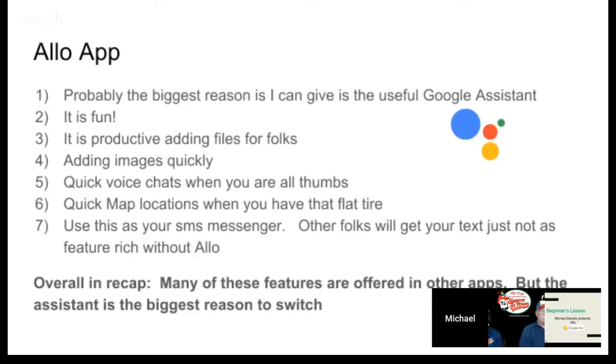Quick voice chats. If you're sitting at a red light, I'm not saying driving while texting, but you can send a quick message via voice. So that's a nice thing to be able to do quickly. You can say, hey, look, I'm on my way home, and it uses your voice to do that. Really nice. Now you're not talking about a live phone call. You're talking about a recorded voice message. Is that right? Yes, absolutely.